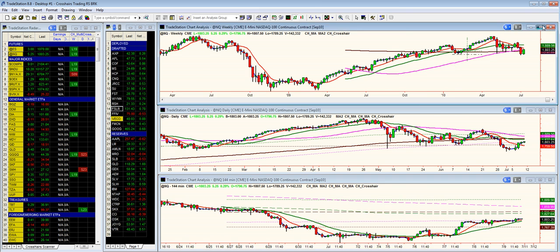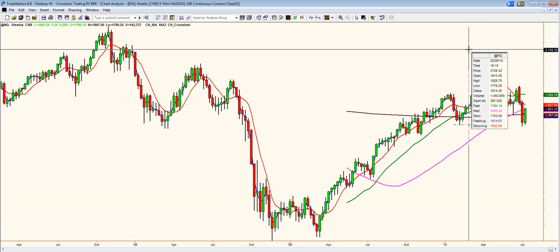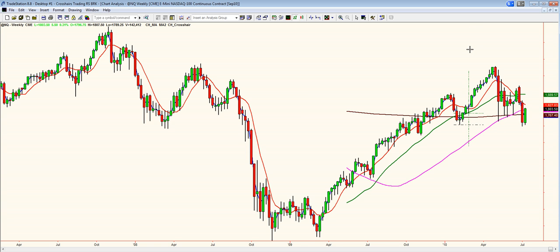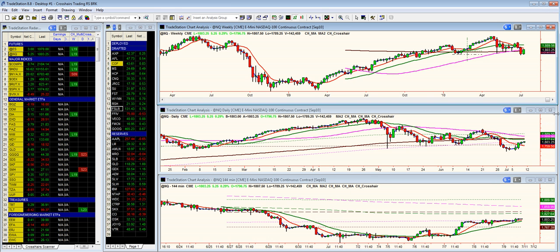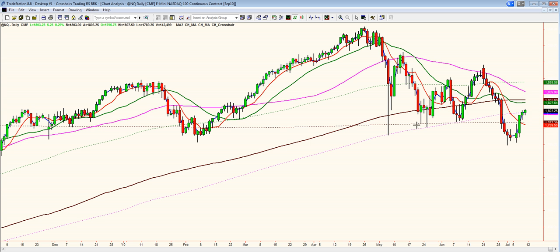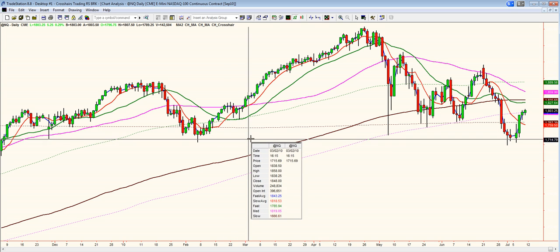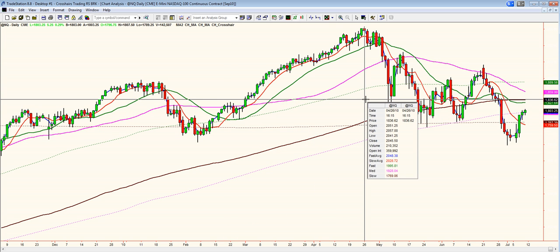So for instance, back here in February of this year, I would have been looking at bullish trades from February up into May.